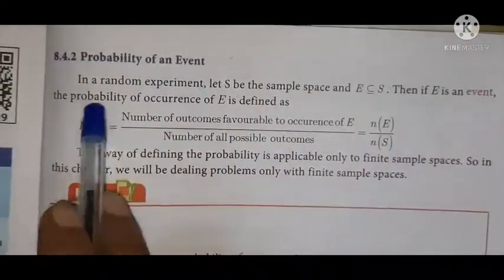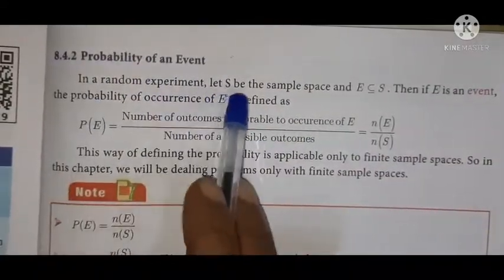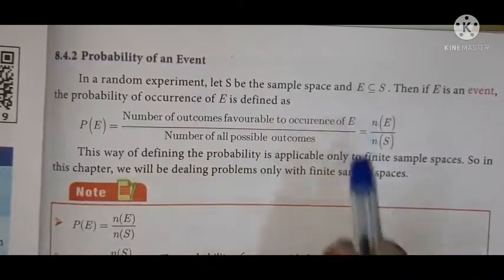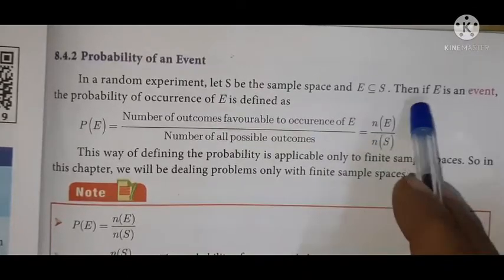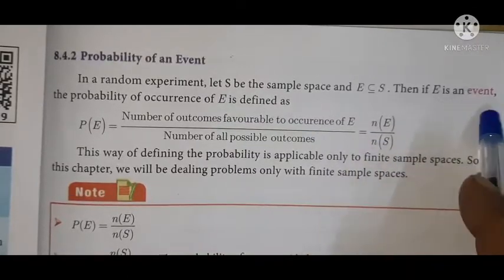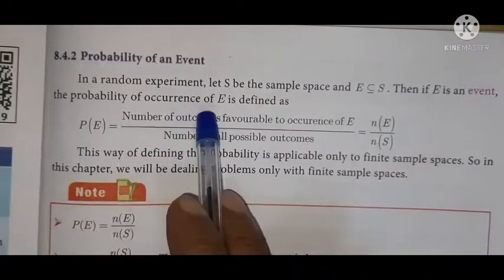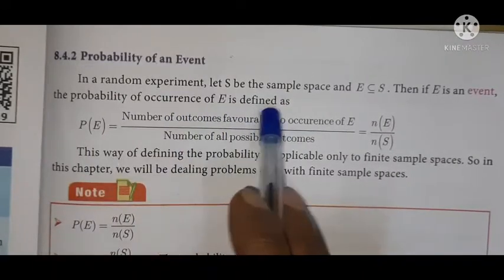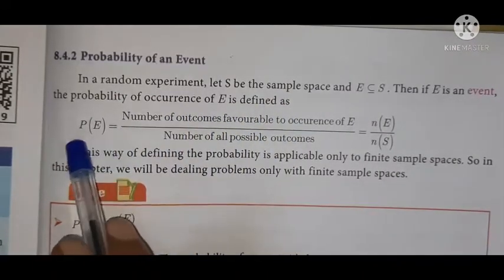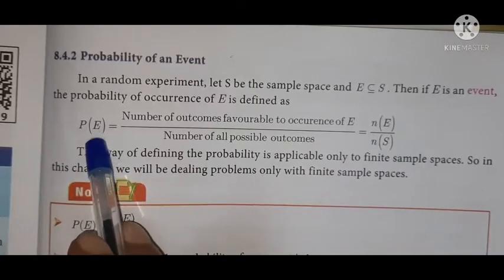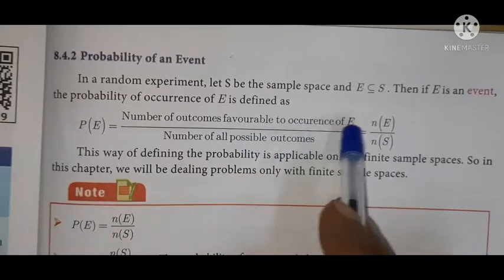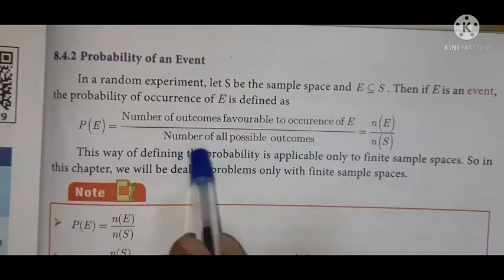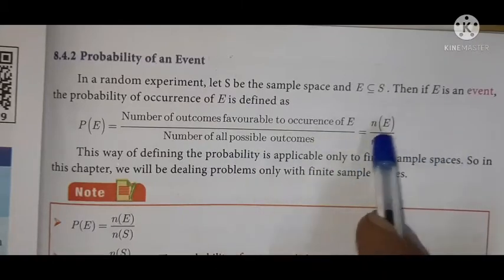Probability of an event. In a random experiment, let S be the sample space and E a subset of S. Then, if E is an event, the probability of occurrence of E is defined as P of E. The probability of an event is the number of outcomes favorable to the occurrence of E divided by the number of all possible outcomes, that is, n(E) by n(S).